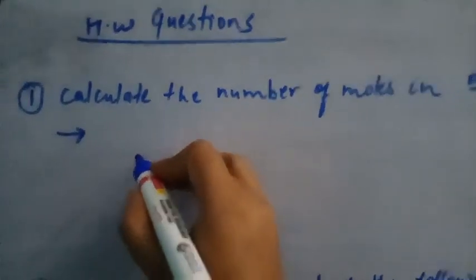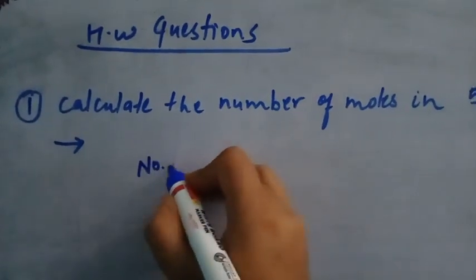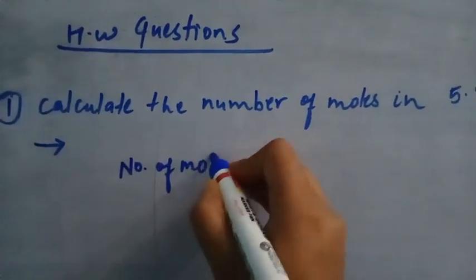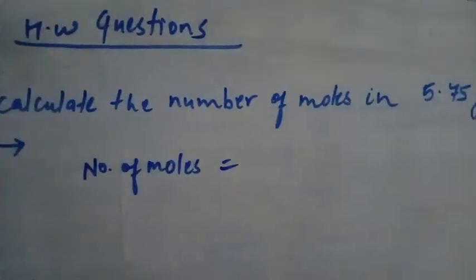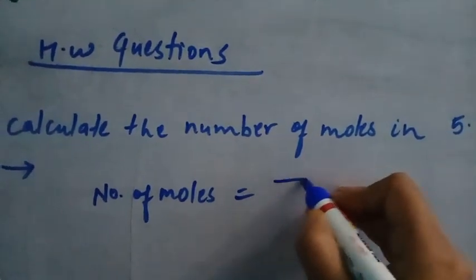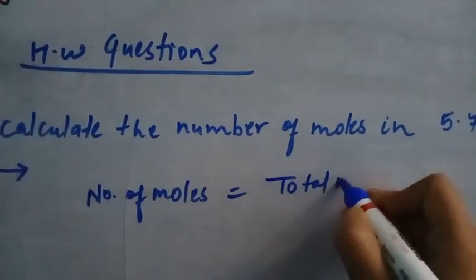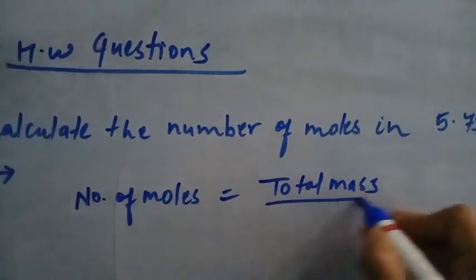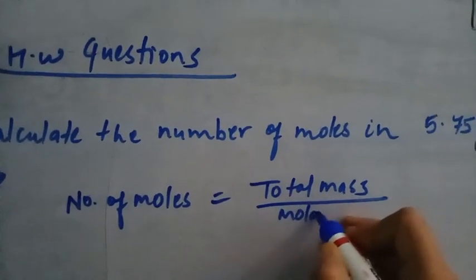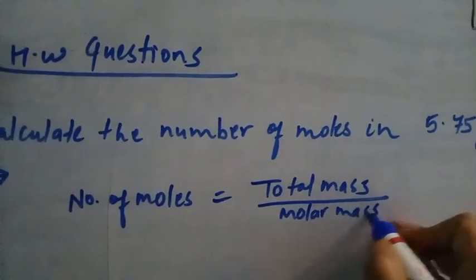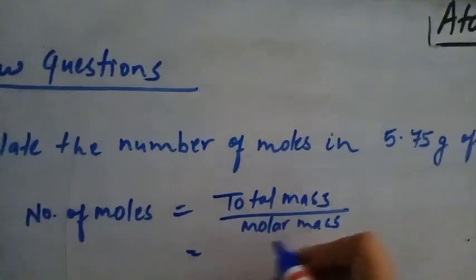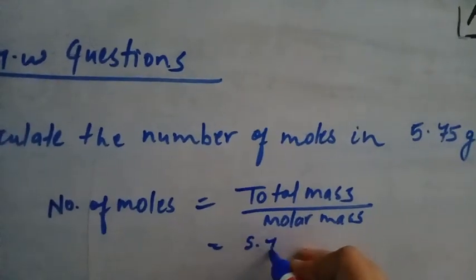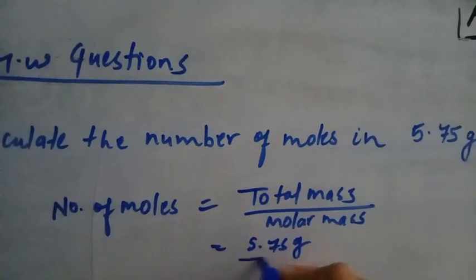So you can use the formula: number of moles is equal to total mass divided by molar mass. What is the total mass of sodium? It is 5.75 gram divided by molar mass.